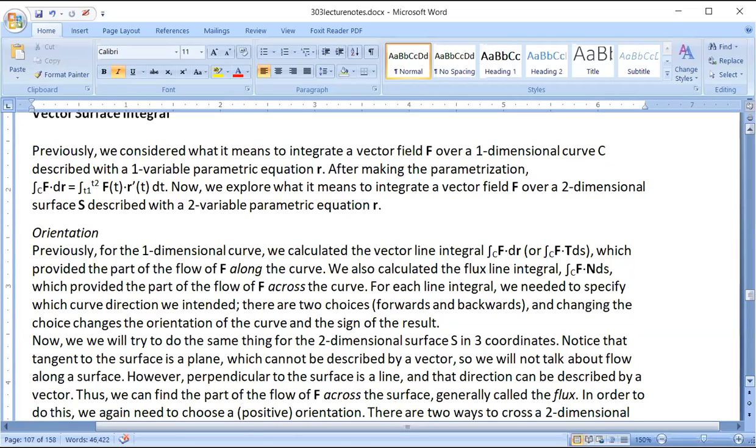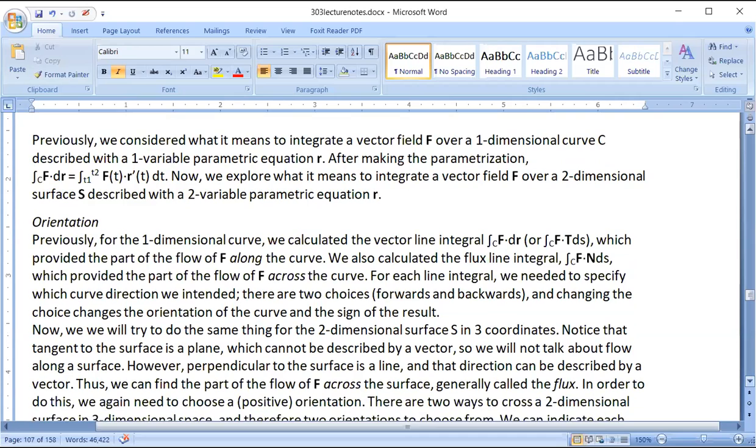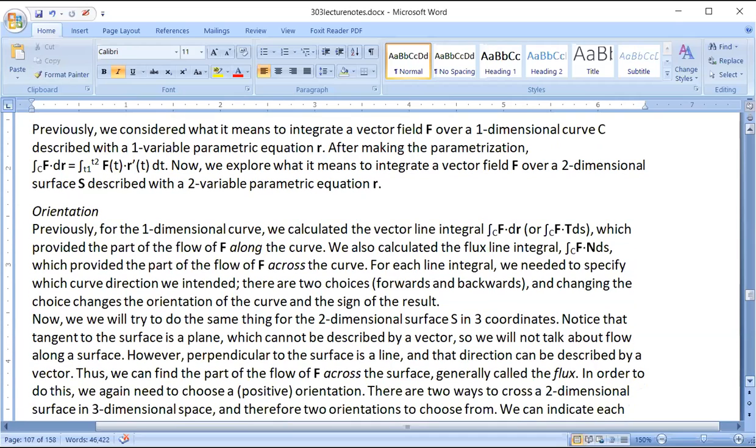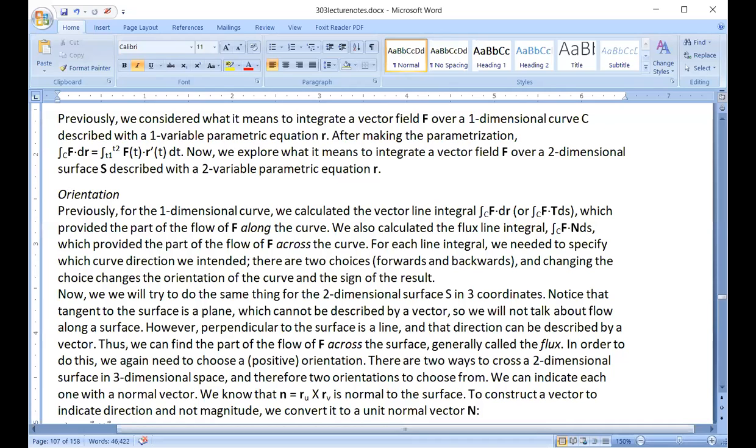Once again, in order to do this, we need to choose a positive orientation. When you're in three-dimensional space and you've got a two-dimensional surface, there are two ways to cross it. Again, you can think of them as forwards and backwards. So we can indicate each of these directions with a normal vector.